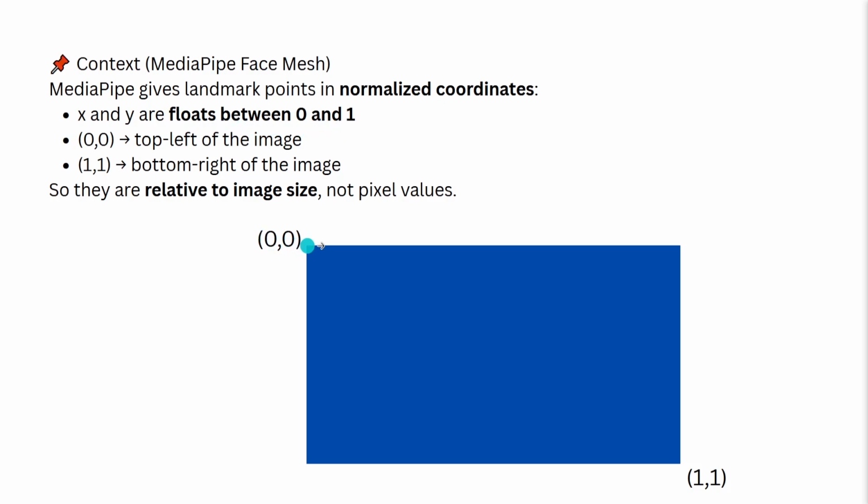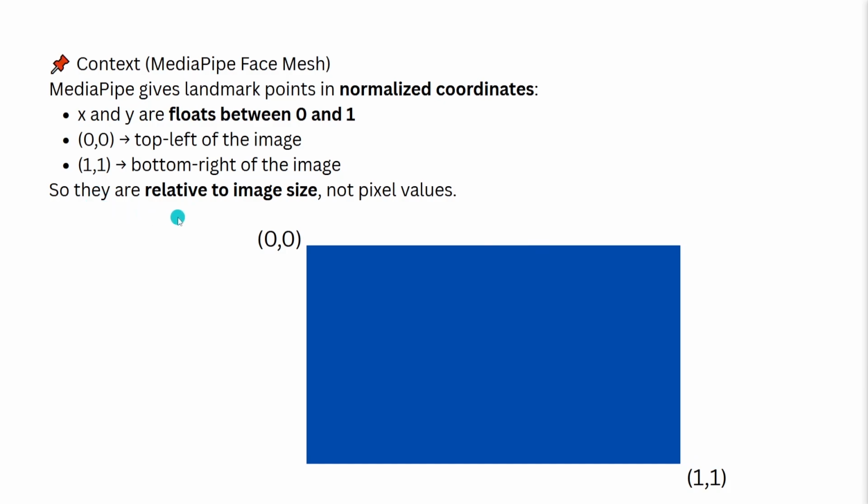So if I move in the x-axis direction, we have a value between 0 and 1.0. Also, if I move in the y-axis direction, we have a value between 0 and 1.0. 0 represents the top left corner of the image, the starting point, and 1 represents the bottom right of the image, the end point of our image area.